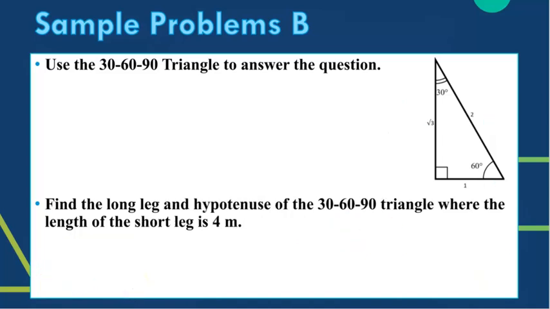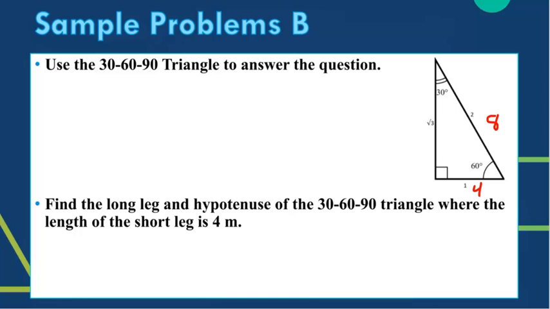Next, another 30, 60, 90 triangle. It says find the long leg and the hypotenuse where the length of the short leg is 4. So they're saying this one is 4. That means this is half of the hypotenuse, and the hypotenuse then would have to be 8, because if I double the 4, that gives me 8.